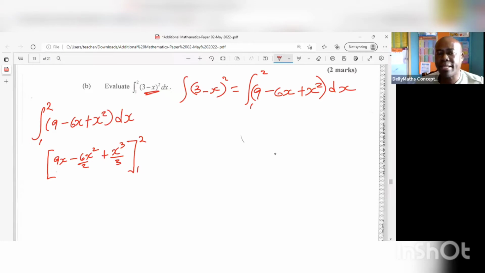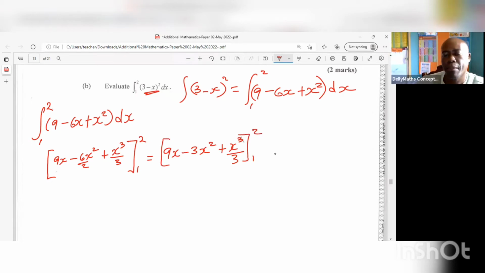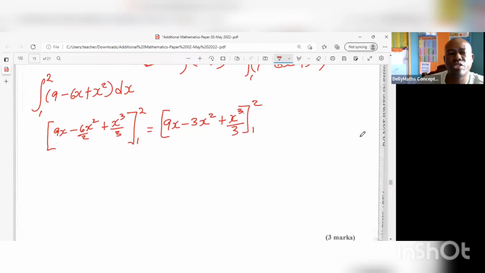Let me just simplify this. In simplification, I would have 9x minus 3x squared plus x to the third over 3. So I'll end up with that. And remember that we're moving from 1 to 2. So what we're going to do now is drop in our limits here.